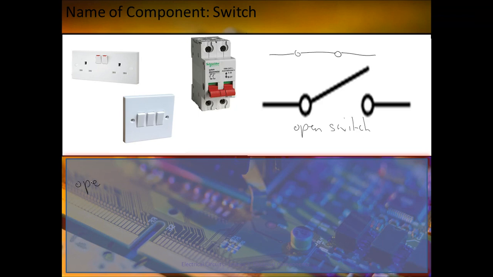So the purpose of these is basically when it's open, that circuit would be off because no current can flow because there's a gap. And when it's closed, the circuit becomes on because current can flow. And obviously that is beneficial because we can switch things on and off easily using a switch.